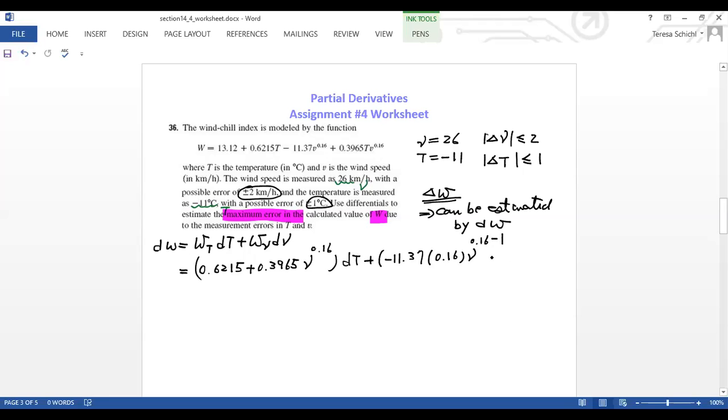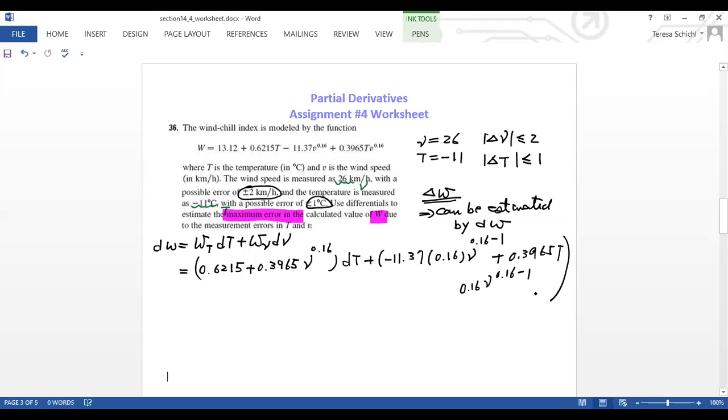Then plus 0.3965 T, and then you take the derivative of V again. So it's 0.16 V to the 0.16 minus 1.